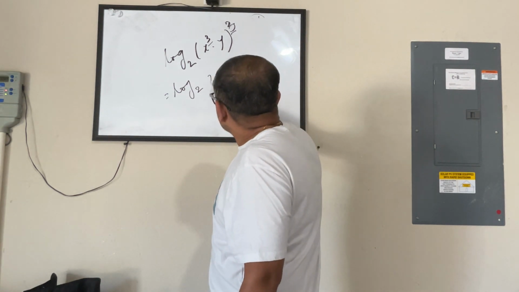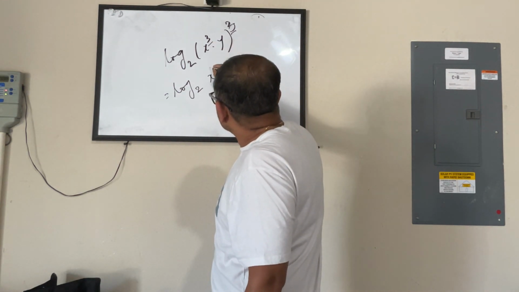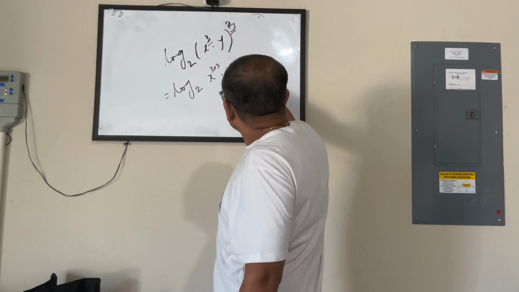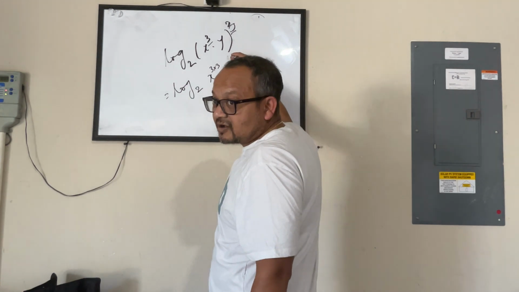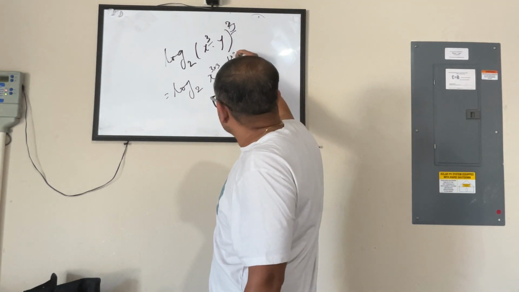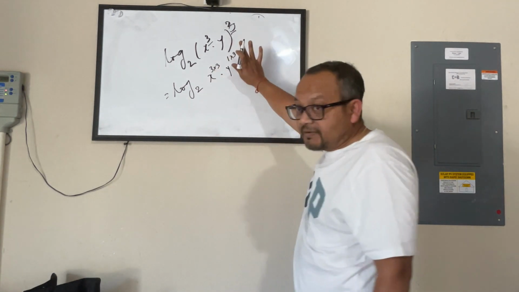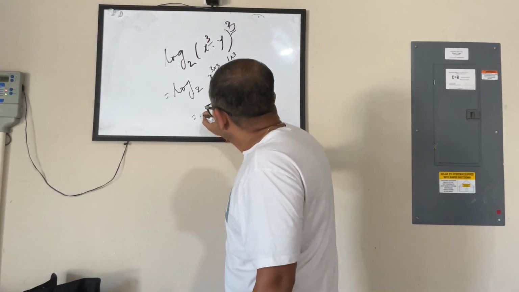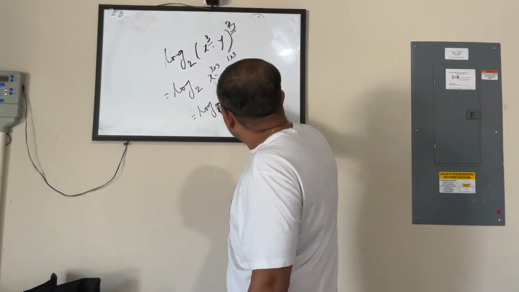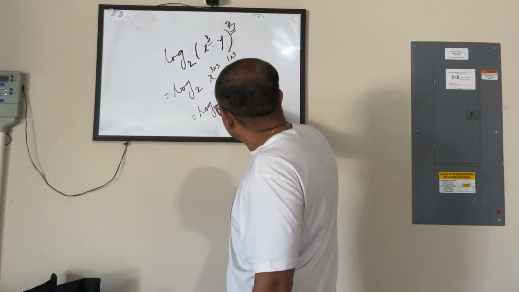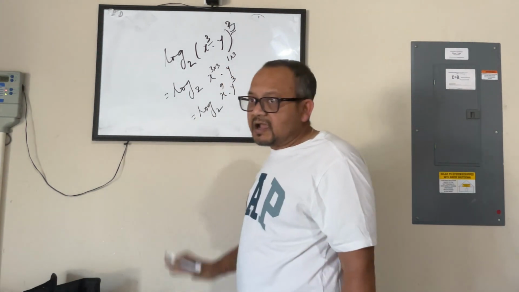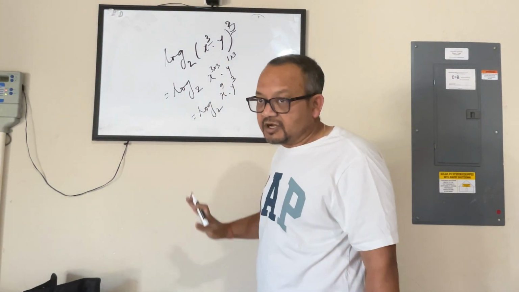This becomes this into this, and this becomes 1 into 3. So now I have a much simpler problem to deal with. This becomes log of x to the power 9, y to the power 3. After this you can simply play with it, not a problem.